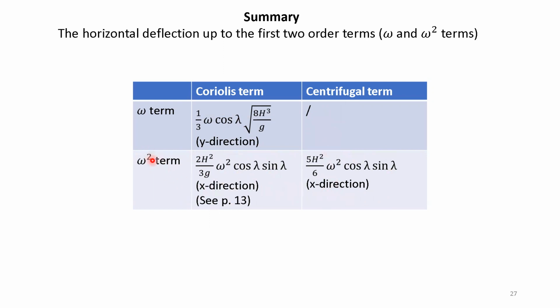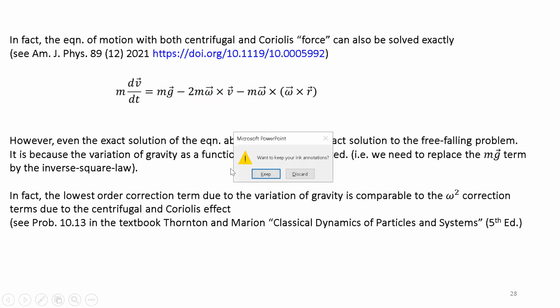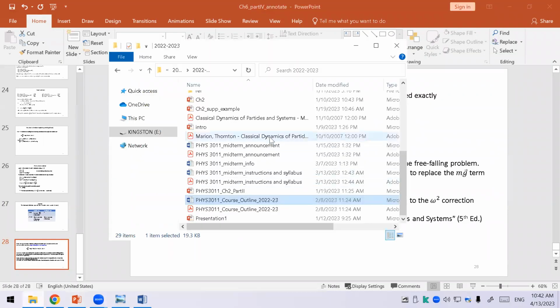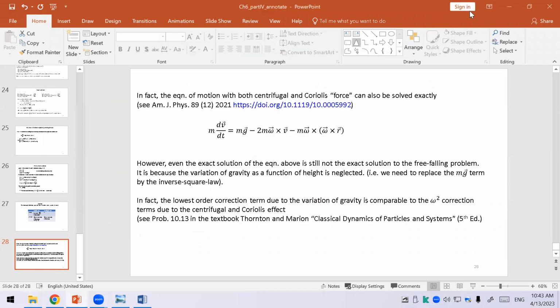If you go one more order in the Coriolis correction without considering the centrifugal correction, that won't be meaningful anymore, because you're missing a significant part of the correction. Okay, so that's the end of this part of the chapter.